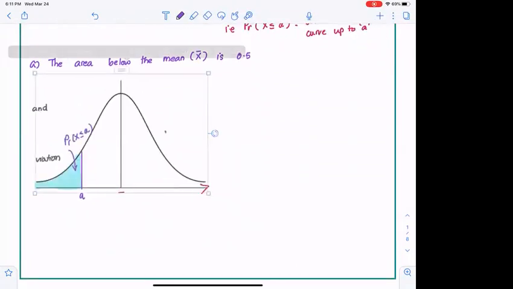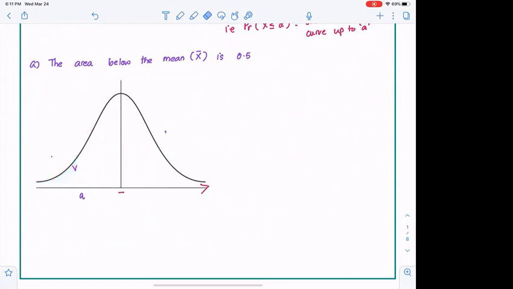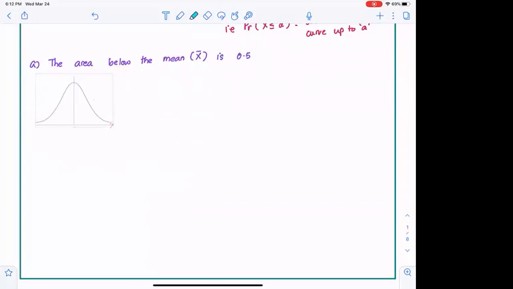So let me move that line, and so all of that area that I will find below the mean under the curve will be 0.5.